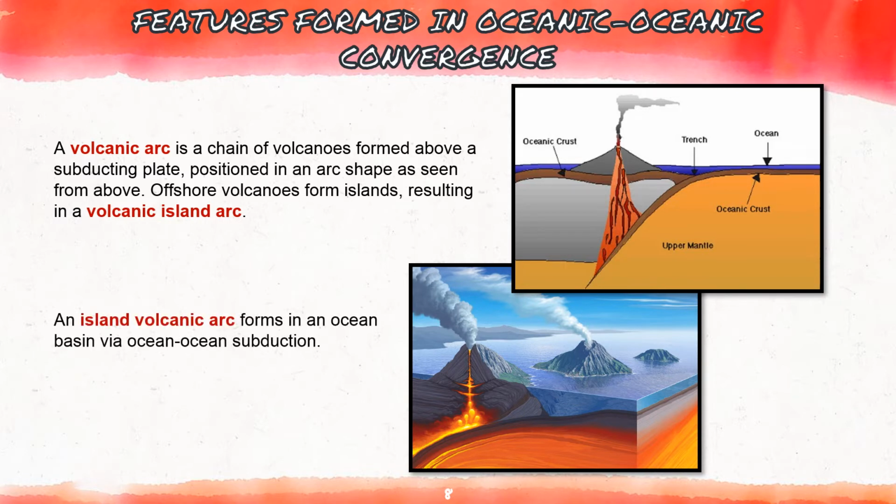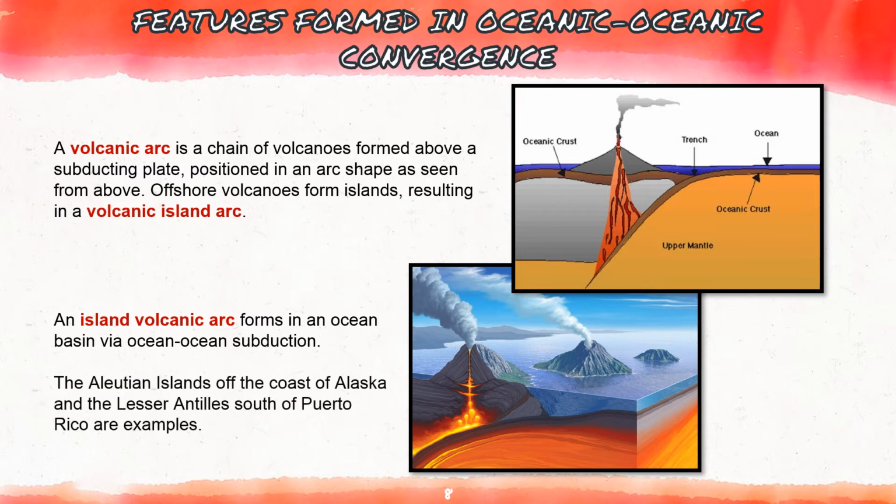An island volcanic arc forms in an ocean basin via ocean-to-ocean subduction. The Aleutian Islands off the coast of Alaska and the Lesser Antilles south of Puerto Rico are examples of island volcanic arcs.